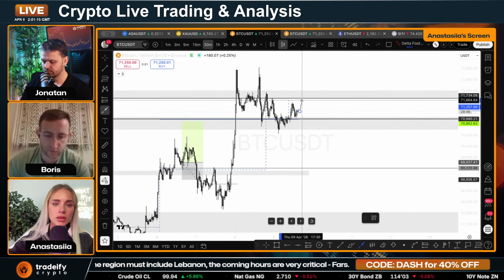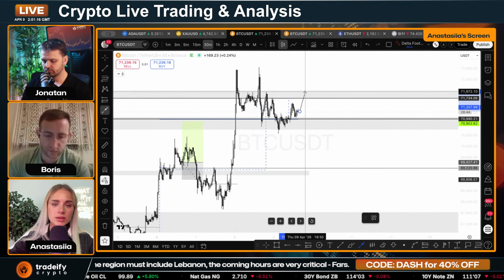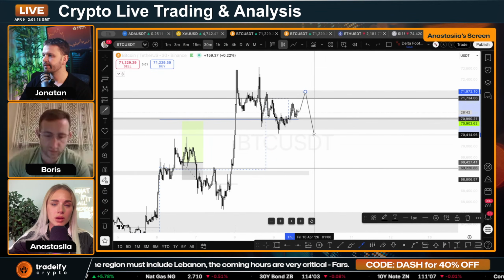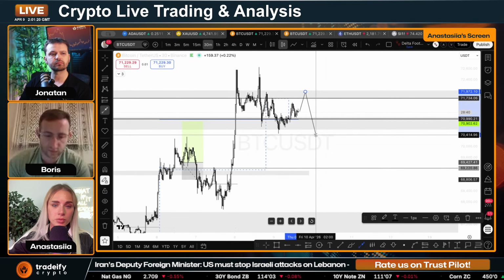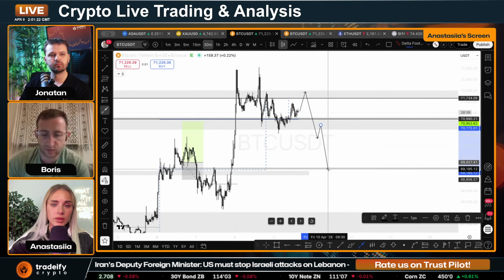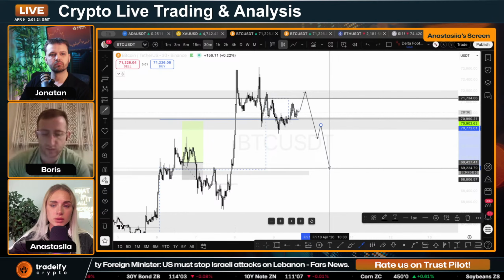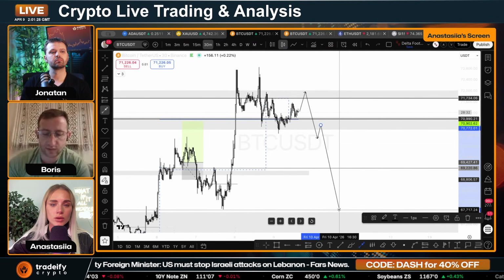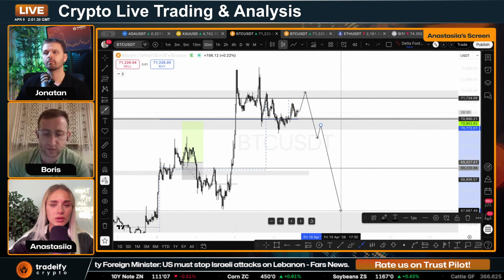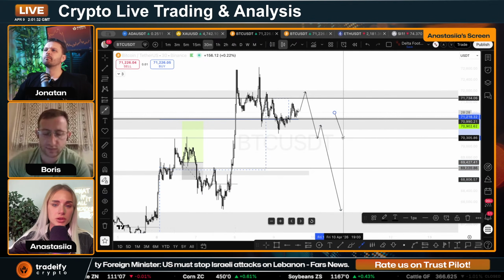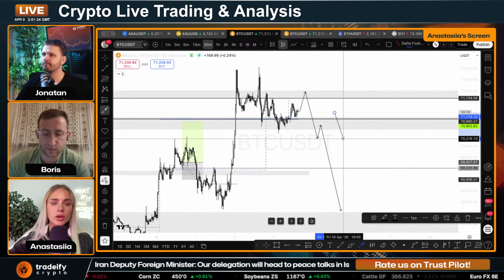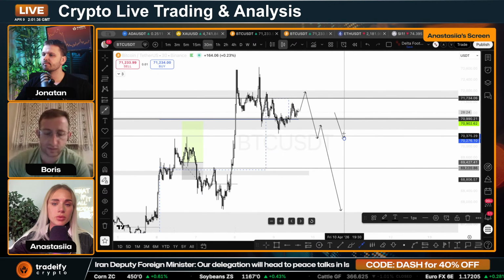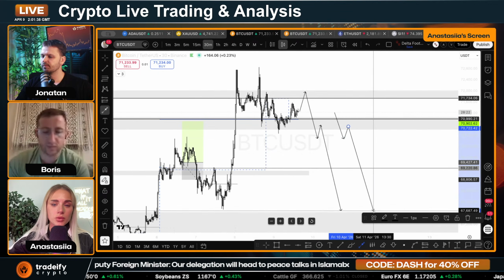I want either one leg up, one more towards this area, and then a sharp drop below the previous low, and then continuation down towards 69,200 or 69,700, or eventually just continuation down, breaking previous lows, the pullback, and then continuation.